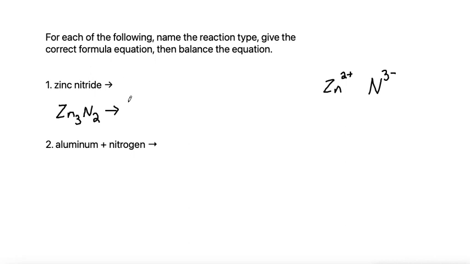When it goes down to its elemental decomposition, the zinc will just be zinc element, but nitrogen is one of the diatomics, so it would be N2 as a diatomic. If you're not sure what your diatomics are, the way that I remember them is by the mnemonic device Brinkelhoff.